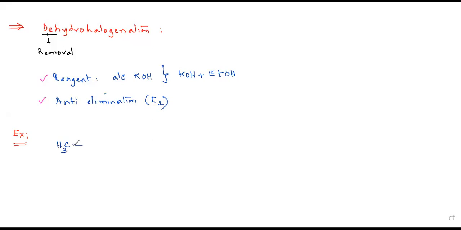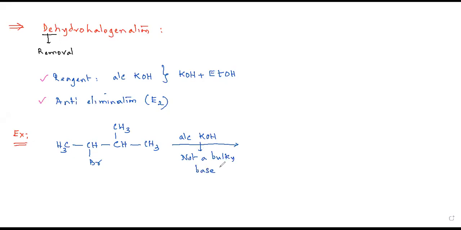CH3, CH, Br, CH, CH3, then this CH3. See, with alcoholic KOH, which is not a bulky base, we can just go for sets of products.